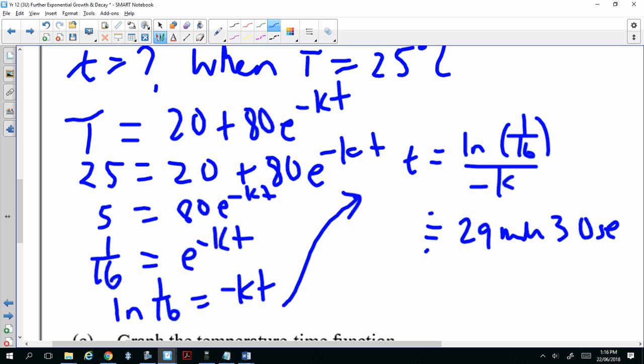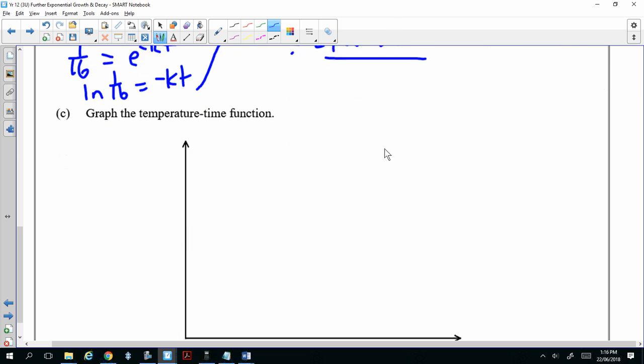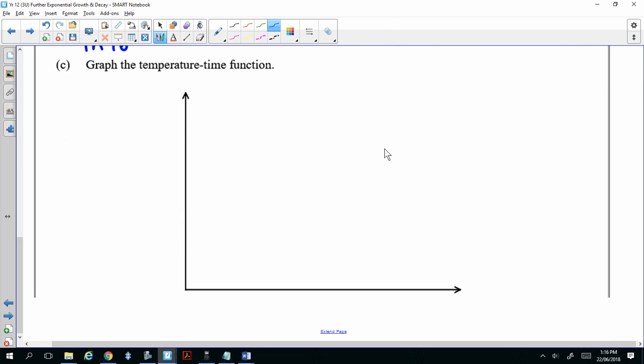Okay. All right, good. So now we'll draw the graph of the function. Okay. So let's look at the graph. So it starts off with 100 degrees, because it's cooling down. And then after 5 minutes becomes 70 degrees. That's the temperature after 5 minutes.